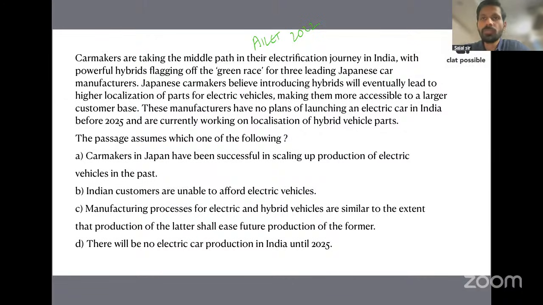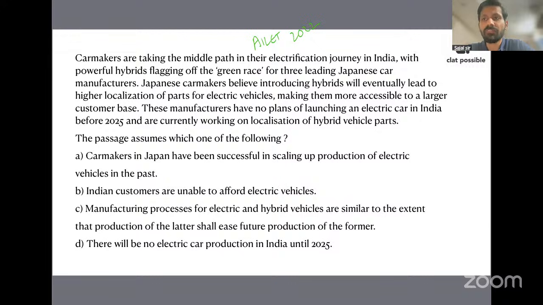Okay, let's do this now. Car makers are taking the middle path in their electrification journey in India, with powerful hybrids flagging off the green race for three leading Japanese manufacturers. Japanese car makers believe introducing hybrids will eventually lead to higher localization of parts for electric vehicles, making them more accessible to larger customer base.